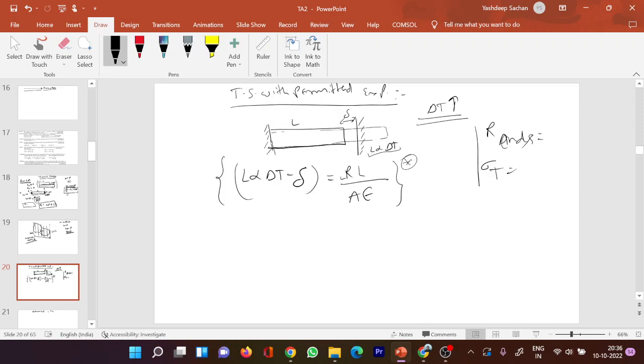If you directly start with L alpha delta T minus delta equals R L by A E, trying to find R by A, this may not work. You first have to see whether L alpha delta T is more than the delta or not. If that is not so, then simply you can say thermal stress would be 0. Got it or not? Yes, sir. Got it, sir.